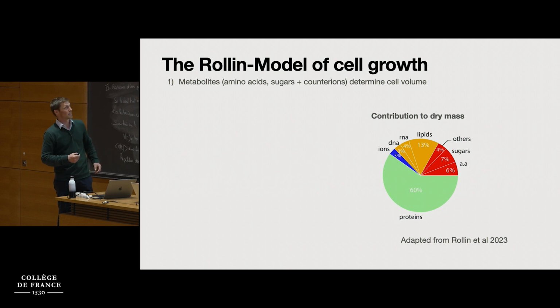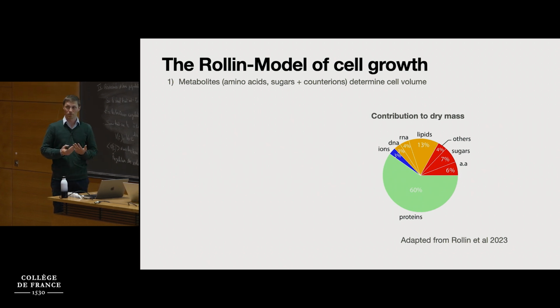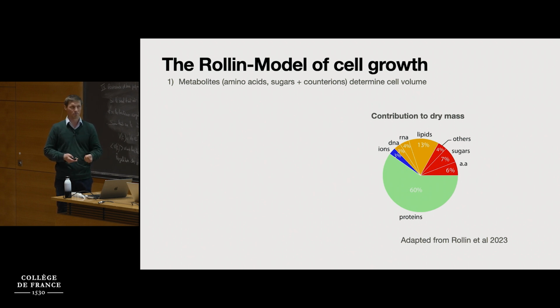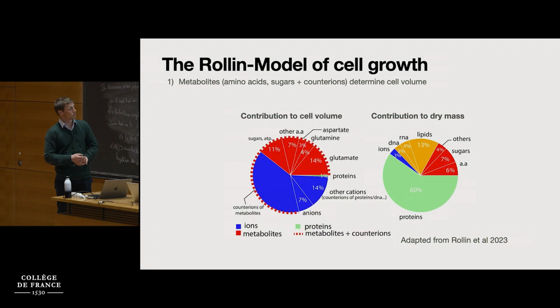The first one was that they actually measured the contribution of the different cellular components to overall cell volume, or the osmotic potential of a cell. Over here you see the contribution of the different cellular components to dry mass. But if you consider that all of these molecules are osmotically active individual molecules, and then you calculate the contribution to cell volume, you can see that proteins contribute very little, but most of the cell volume is regulated through osmolytes, mainly metabolites, amino acids and sugars, and also through their counterions.